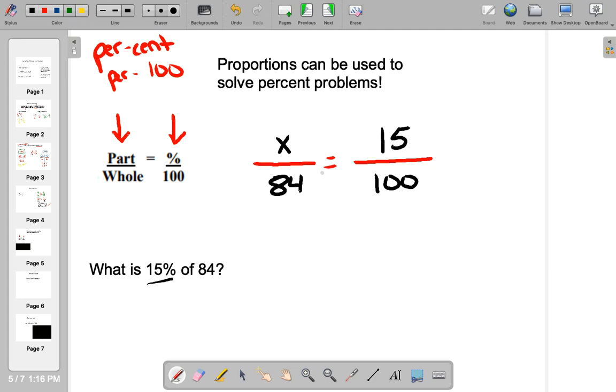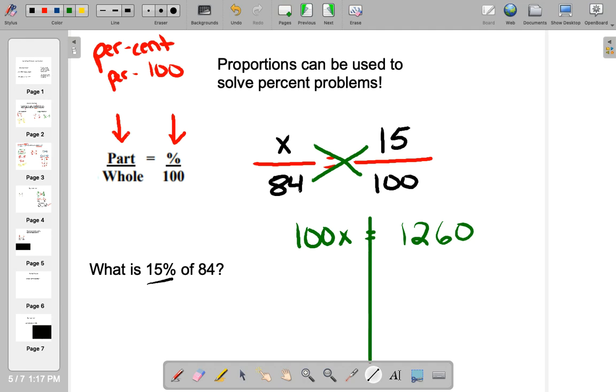So I'm going to cross multiply again. X times 100 is 100x, or 100 times x. 84 times 15 is 1,260. Now I'm going to pretend I did that in my head, but in reality I have a calculator sitting next to me. But we can pretend. Now I have an equation. I'm going to solve this equation just like I've done for the last few problems.